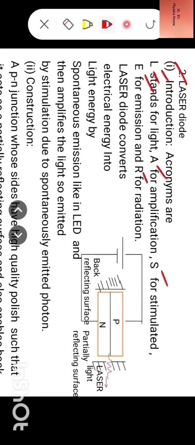All these five letters L, A, S, E, R form the word laser. Now what is a laser diode?